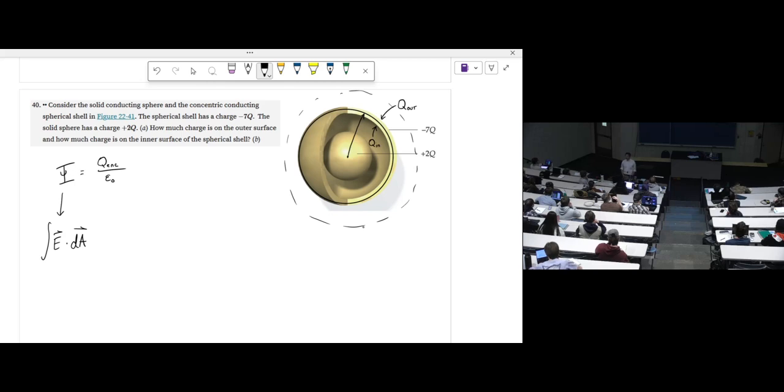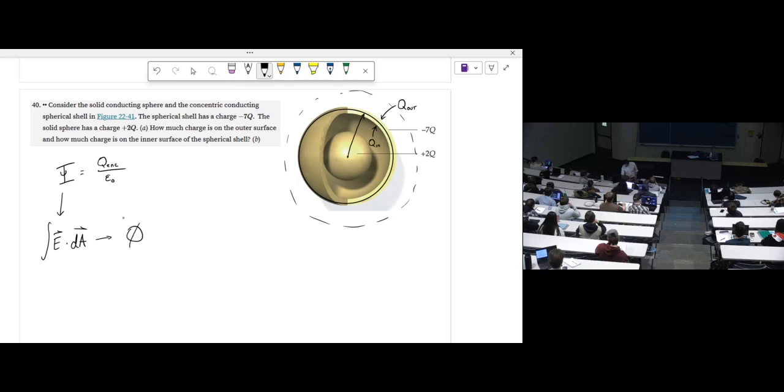Why? Because I'm inside of the walls of the spherical shell. And as we just talked about, the electric field inside of a conductor in equilibrium is 0. If the field is 0, I can integrate over however big of an area that I want to, but the integral of an integrand of 0 is always 0.